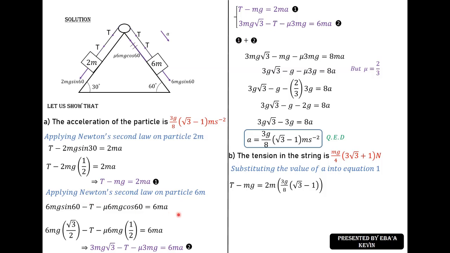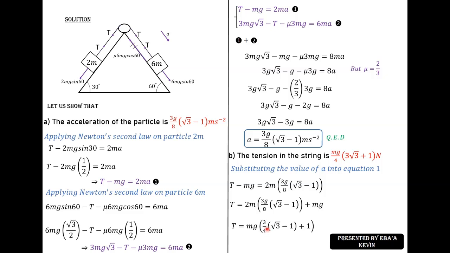So doing that, we are going to get T minus mg to be equal to 2m then times the acceleration which we have obtained. That is 2m times 3g divided by 8 times square root of 3 minus 1. From which, further simplifying, we get T to be equal to, that is sending mg to the right hand side, 2m times 3g divided by 8 times square root of 3 minus 1 plus mg.